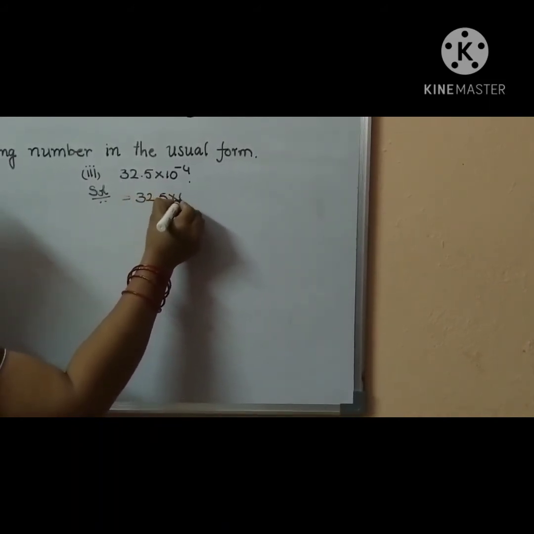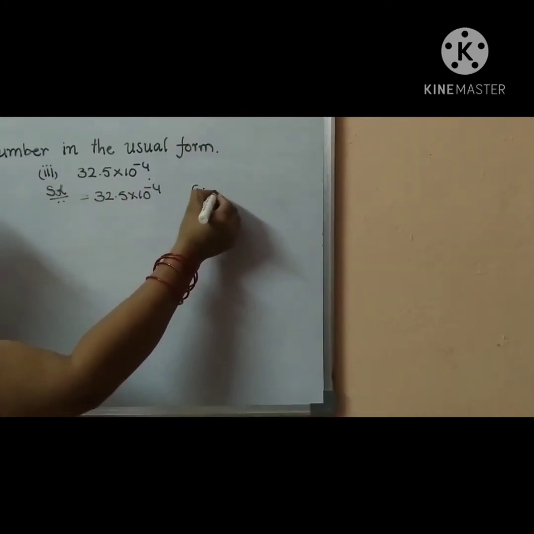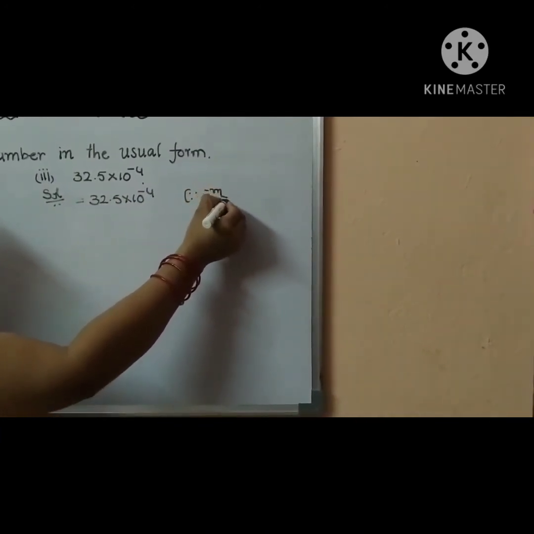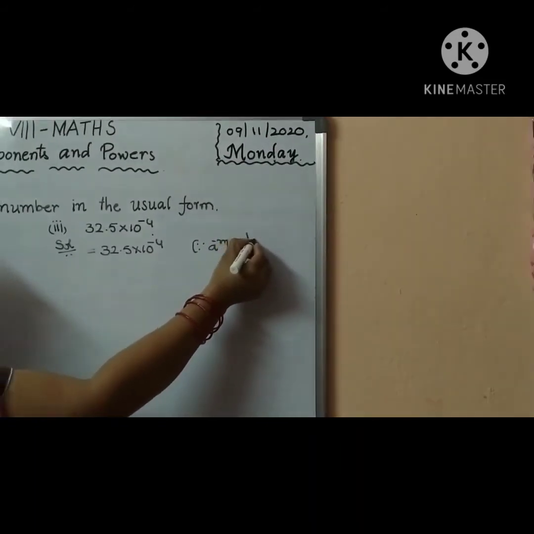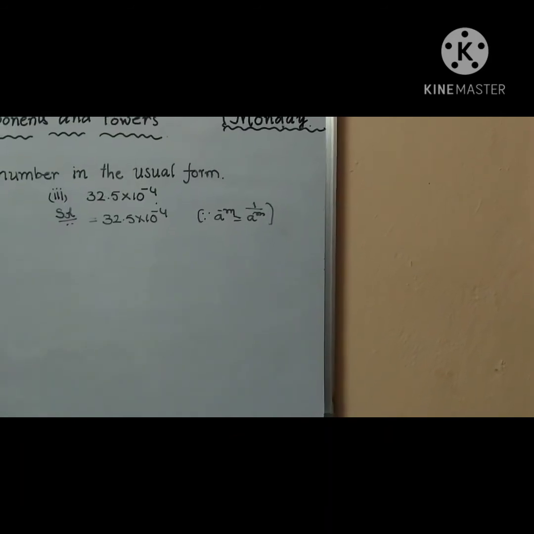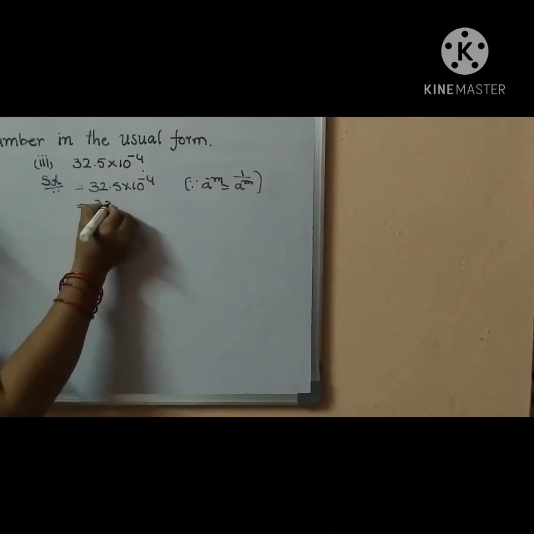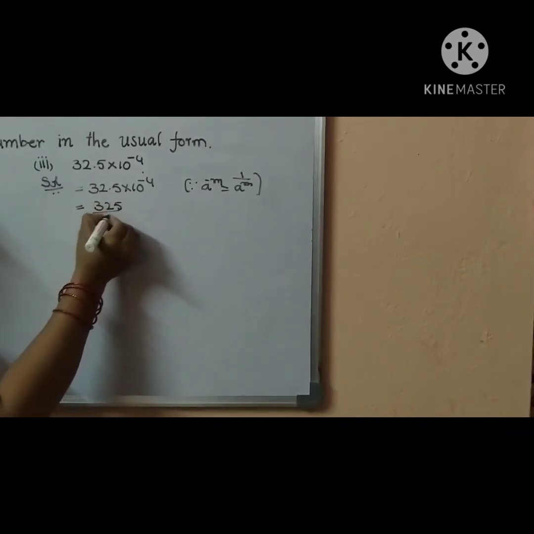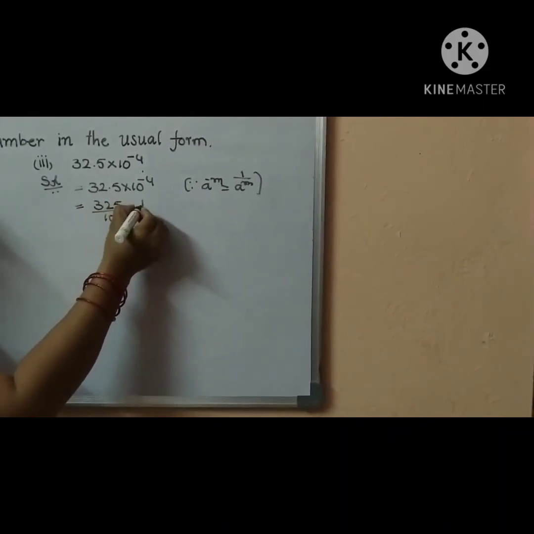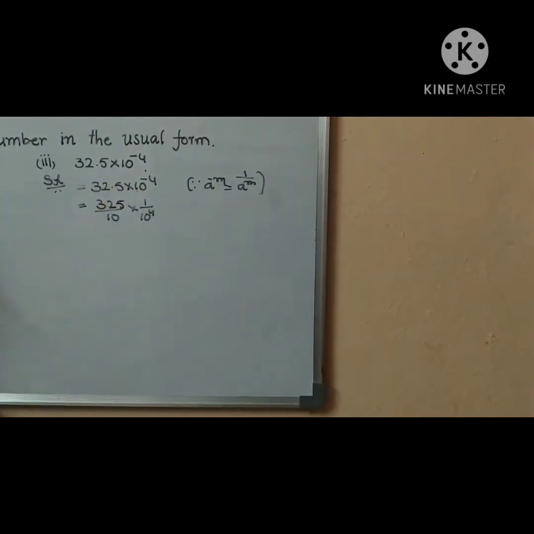So here write 32.5 into 10 power minus 4. Here write a power minus m is equal to 1 by a power m. It is a law of exponents. Okay. So here after the point how many digits are there? 1 digit. So 325 by 10 into 1 by 10 power 4. It is a form of a power minus m.